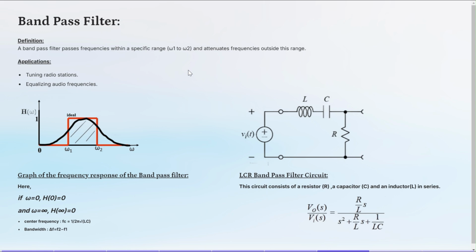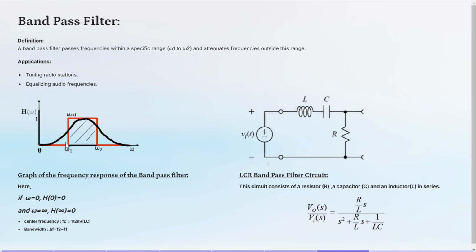Third one is a band pass filter, which allows frequencies within a specific range, omega 1 to omega 2, to pass, attenuating others outside this range. And these are applications of this filter. First one is tuning radio stations and equalizing audio frequencies.